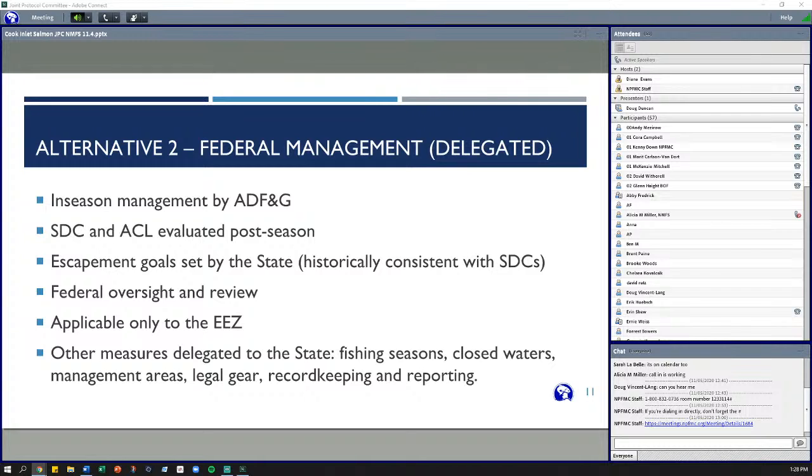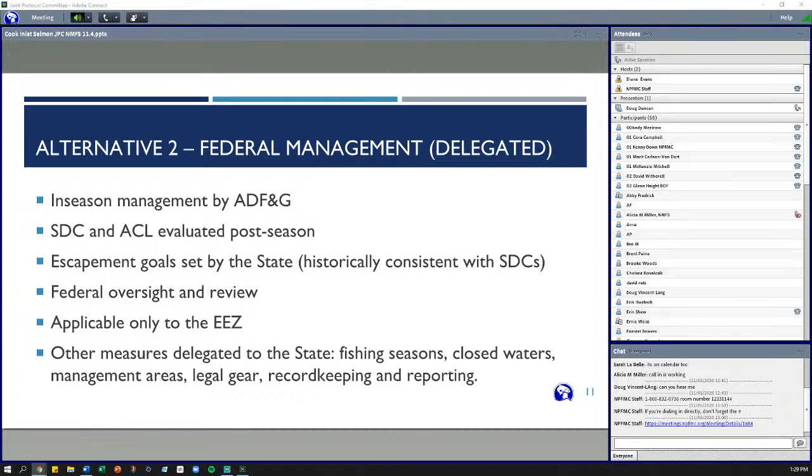Under this alternative, in-season management of the fishery would be conducted by the Alaska Department of Fish and Game. There would be, like I mentioned, status determination criteria and annual catch limits set each year. These would be set pre-season to inform management measures, but would not be binding in season, and they would be evaluated post-season to determine whether overfishing occurred or the stock was in an overfished condition.